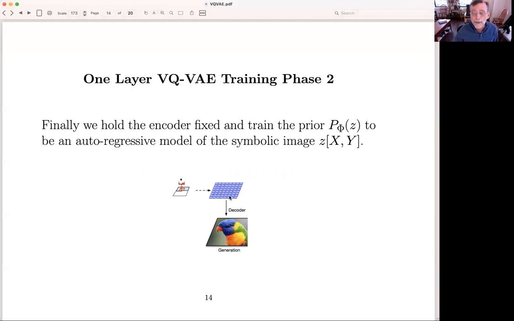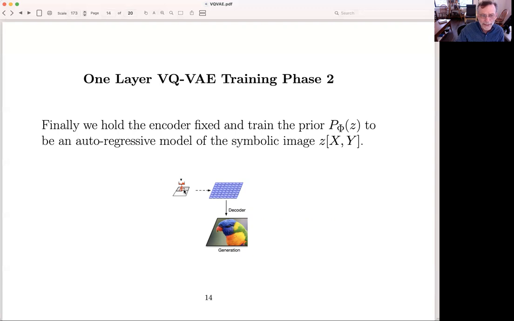But since we've got an encoder, if I sample images, I'm sampling these symbolic images also, because I've got an encoder that takes the image to a symbolic image. So since I can sample these symbolic images, I can train an autoregressive model of this symbolic image. I just predict one symbol at a time autoregressively. I can do a raster scan, or I can do some other order.